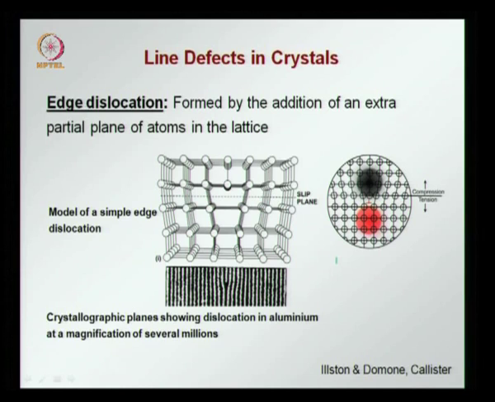This is a crystallographic plane showing the dislocation in aluminum. See here you have a plane of aluminum atoms inserted in this otherwise orderly crystal of aluminum. This obviously has been magnified millions of times, and you can see this dislocation in aluminum very clearly.